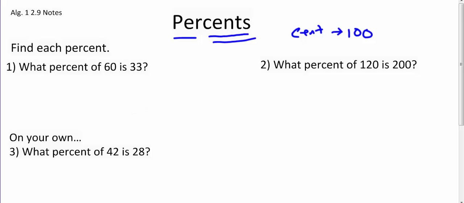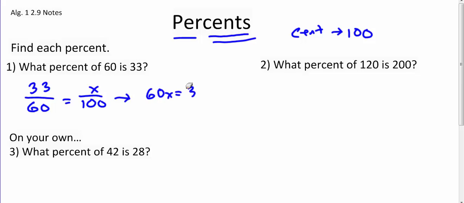So when we see something like number one that says what percent of 60 is 33, we're going to set it up like this. 33 is to 60 as some unknown number is to 100. We can use the cross products property here. We'll have 60 times x equals 33 times 100.